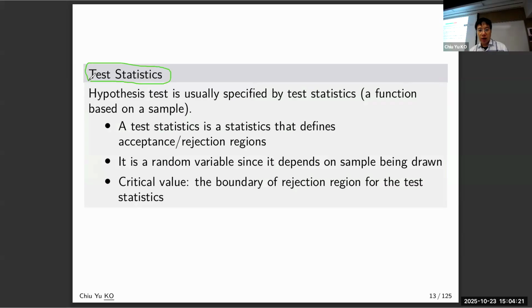Usually hypothesis testing will specify a so-called test statistic. Remember, a statistic is a function from a random sample. Okay, a test statistic is a number calculated from the sample. Of course, it's a function, but at the end, once you calculate the number, right?